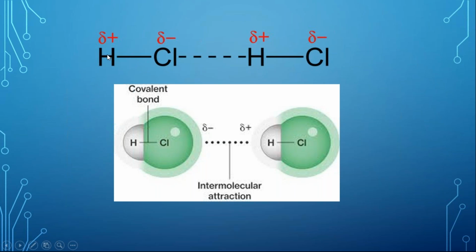You can see here that this hydrogen, due to its thin shield of positive charge, attracts the negative charge of the other molecule. Compared to other dipole-dipole interactions, hydrogen bonding is very strong. Generally, hydrogen bonding is indicated in formulas by a broken line.